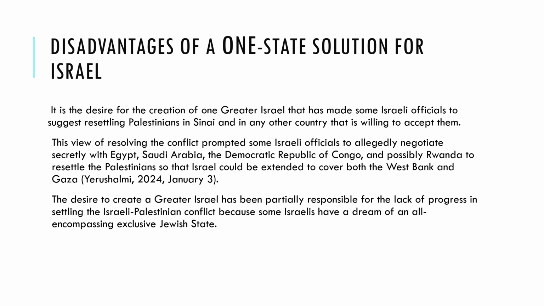The desire to create a greater Israel has been partially responsible for the lack of progress in settling the Israeli-Palestinian conflict, because some Israelis have a dream of an all-encompassing, exclusive Jewish state.